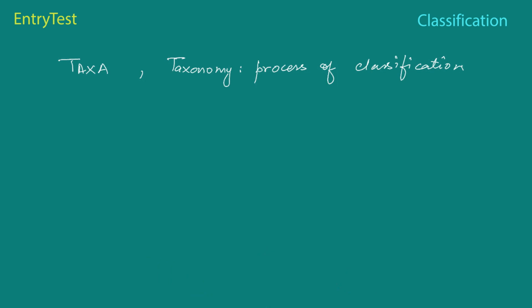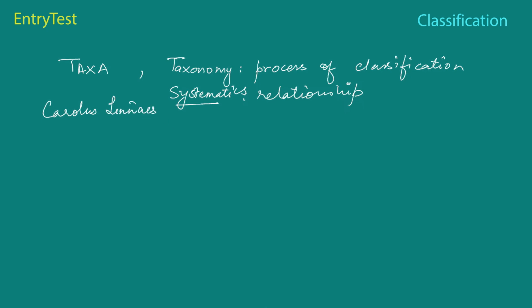So the branch of study that relates to the relationship between different organisms, that means inter-organismal relationships, is called systematics. Alright, and do you know who gave this term? That was Carolus Linnaeus, a very important person in the field of classification and taxonomy.